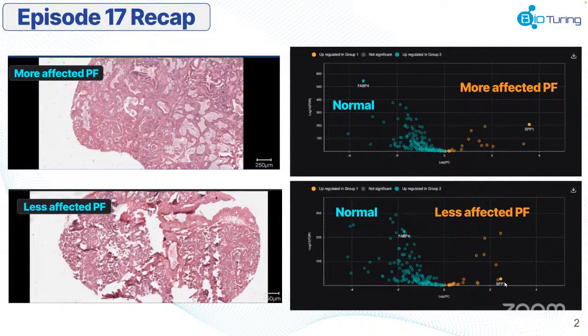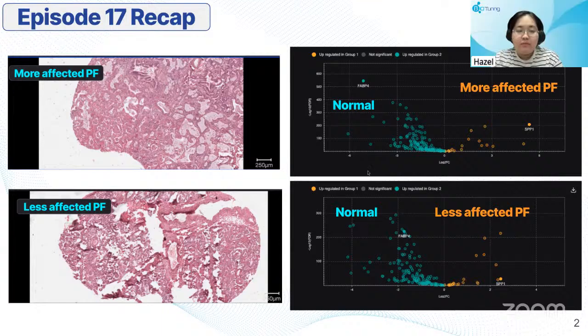The amount that those genes are differentially expressed is a little bit less. So this pattern here, we hypothesize that maybe SPP1 and FABP4 could be potential risk classifiers for the severity of pulmonary fibrosis.